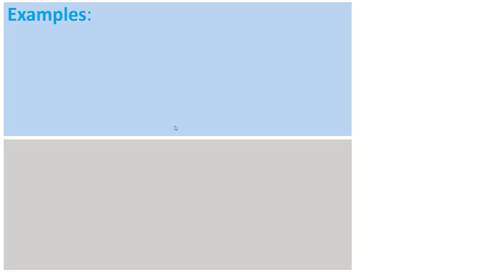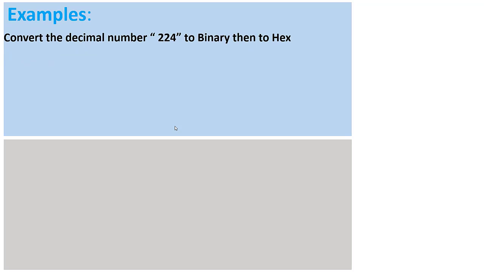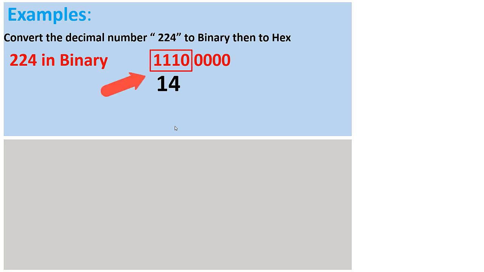Now, if we have this example here, if we want to convert the decimal number 224 to binary, then to hex. In binary, we write it like this, because this is a decimal number, and it is an octet in an IP address, so it is 8 bits. But in hexadecimal, each hex digit is 4 bits, so we split it into 2, the four bits on the right and the other four bits on the left, sorry. Now let's take the hex on the left. The first bit is turned off, so its value is a 0.